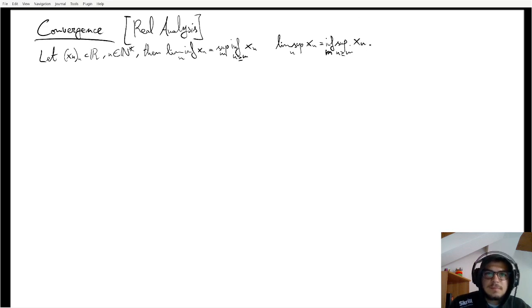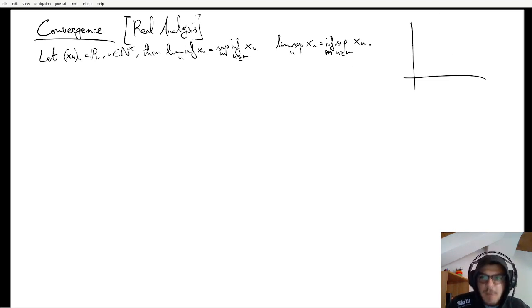So these are the definitions of lim sup and lim inf. The lim inf is the limit of the infimum of a sequence, and the lim sup is the limit of the supremum.